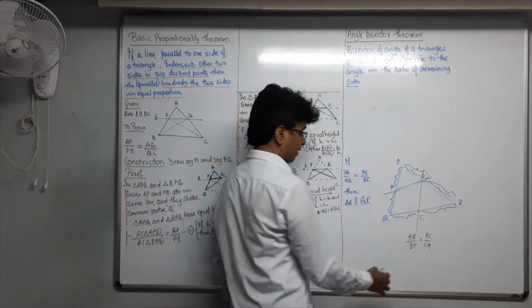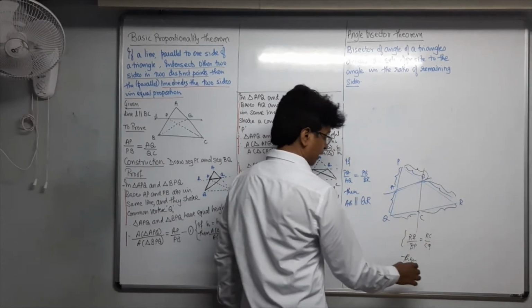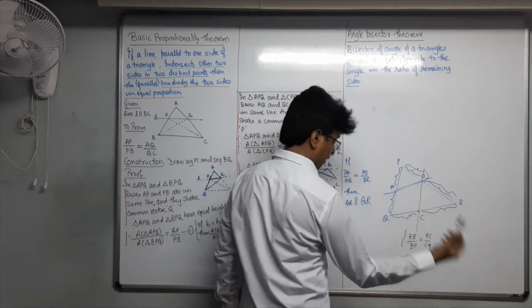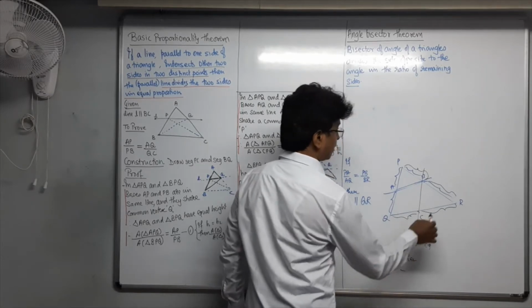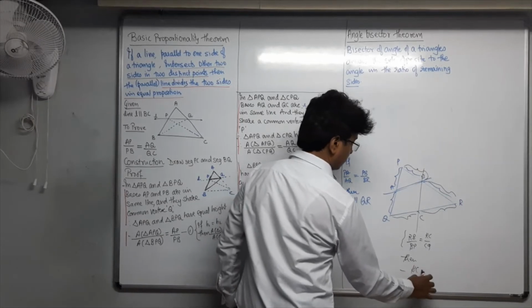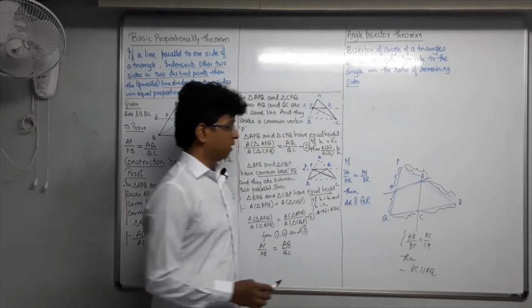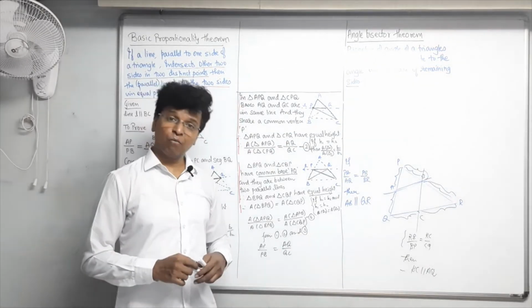This I get. Then what will happen? Then this is the condition satisfied. Then by converse of this BPT, what will I get? BC is parallel to AQ. This will be by converse of BPT.